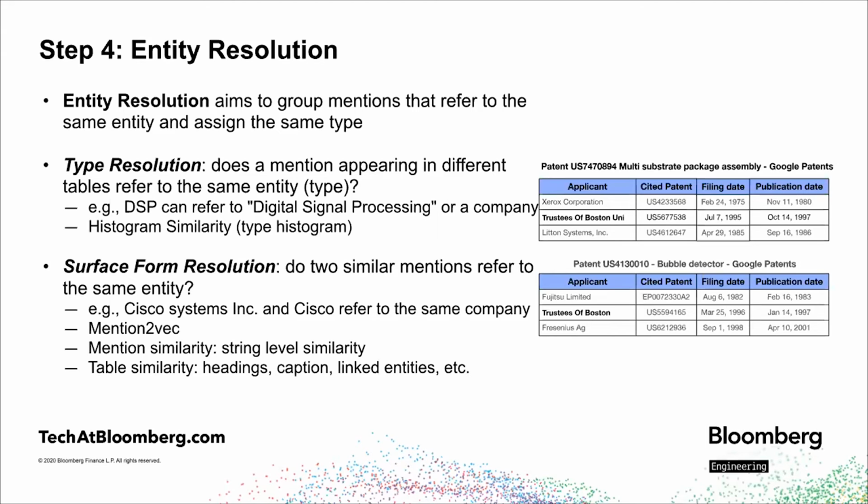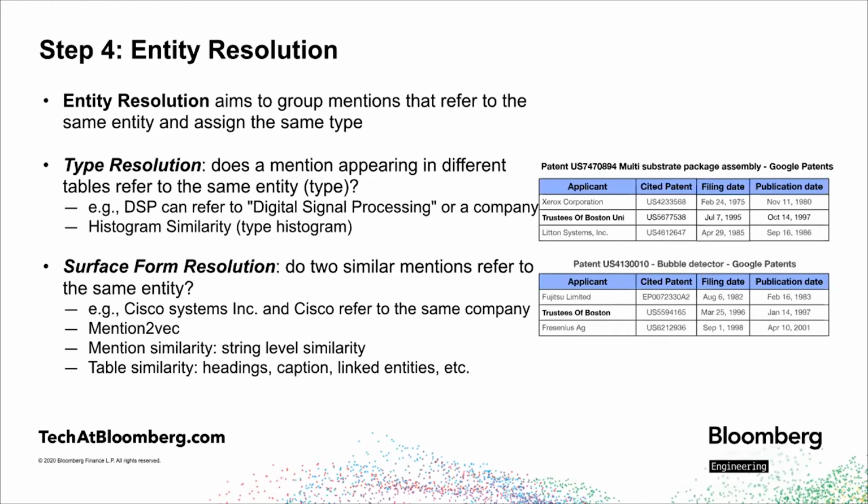For example, let's have a look at this illustration. For these two tables, we consider trustees of Boston Uni and trustees of Boston. They align in two tables like the Google Patents table. By caption, of course, they're slightly different, but by headings, they're exactly the same.